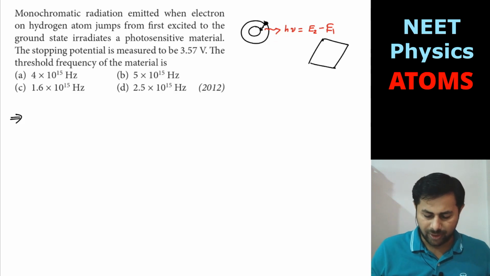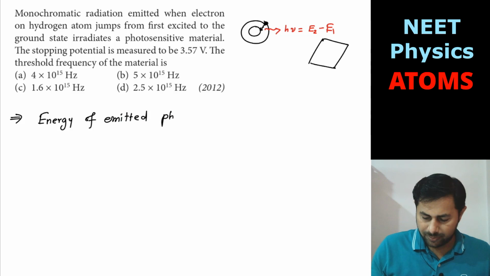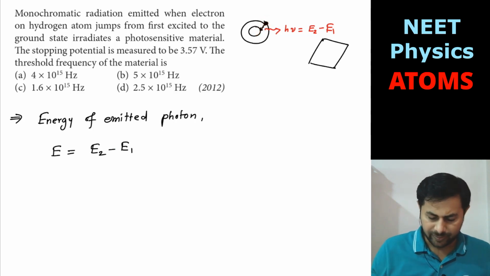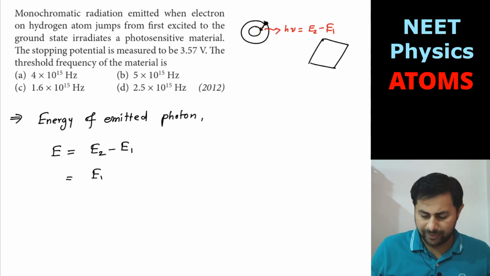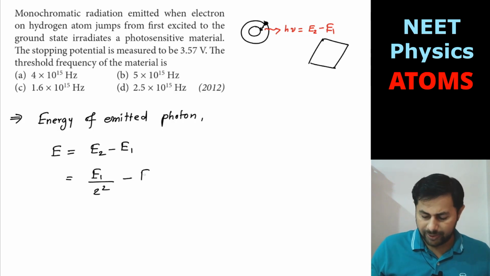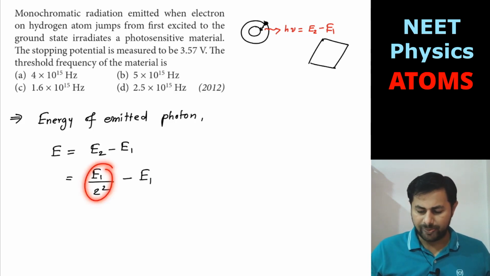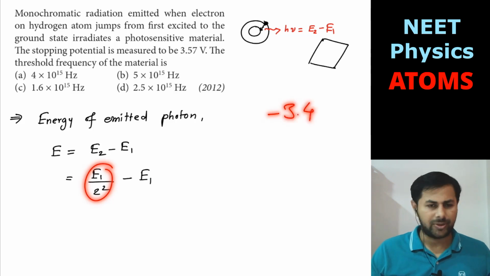So the energy of the emitted photon is E2 minus E1, because the electron jumps from the second to the first orbit, and then this photon is emitted. E2 is E1 by 2 square, E1 by 4, and E1 is minus 13.6 electron volts. It would be better if you remember E2 is minus 3.4 electron volts.